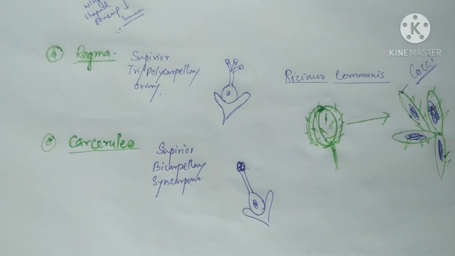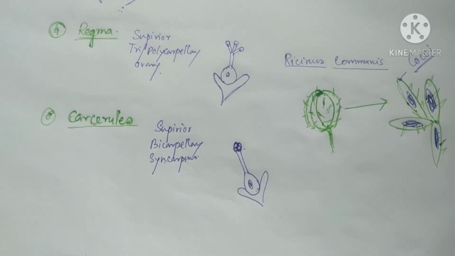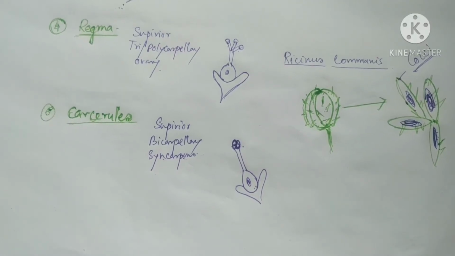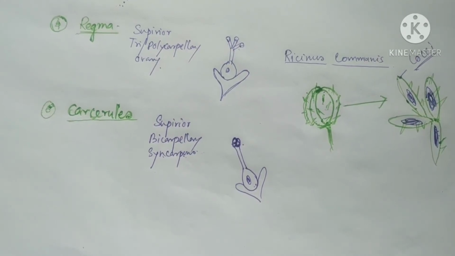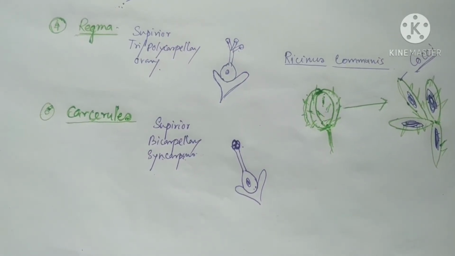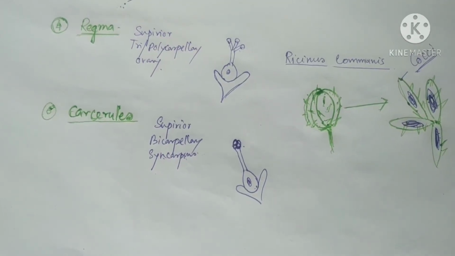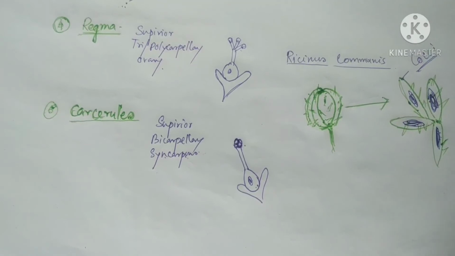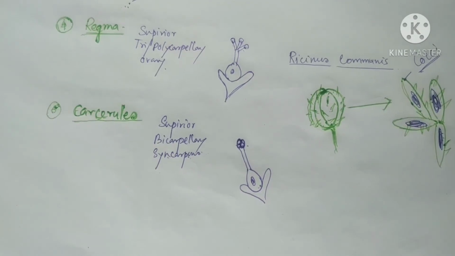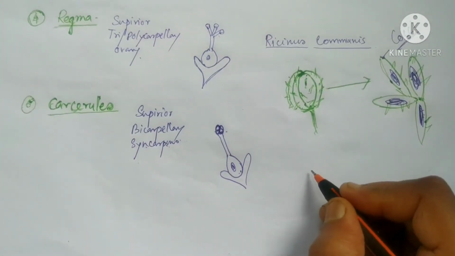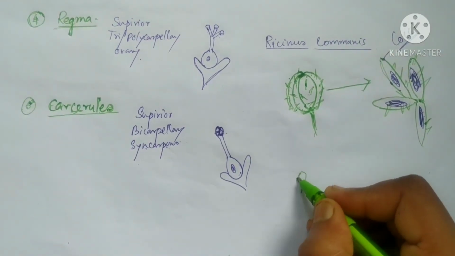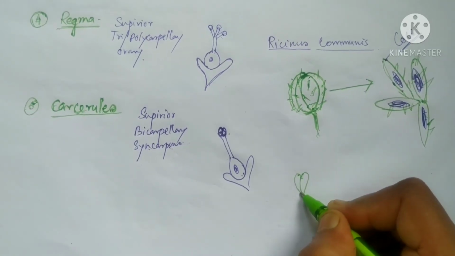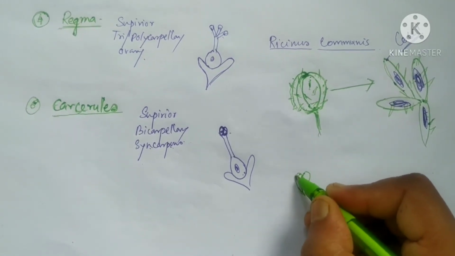Now the main identifying character of carcerulus is that it contains 4 chambers, okay, and each chamber contains a single seed, and after maturing this fruit splits into 4 chambers. So in carcerulus, fruit contains 4 chambers, right? So like this type.